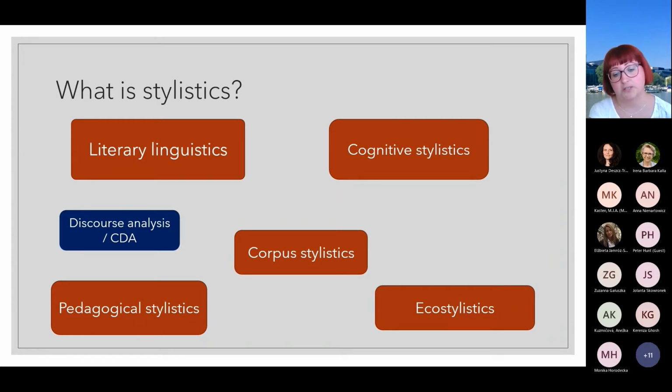Very often, especially in CDA, it is about how language is manipulated to achieve something in the social context, like a political manifesto or speech. Whereas in stylistics, we focus on the text. You obviously consider the context, but you really focus on the text and not on the social aspects. So CDA is multidisciplinary, also using approaches from outside linguistics, whereas stylistics is within the linguistics field, just focusing on the text.